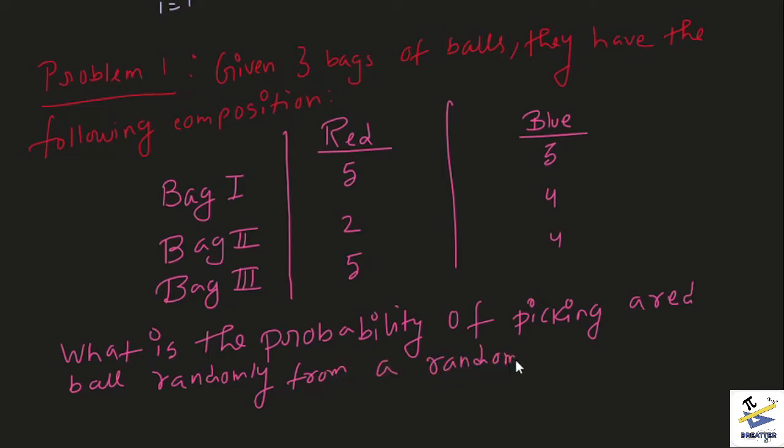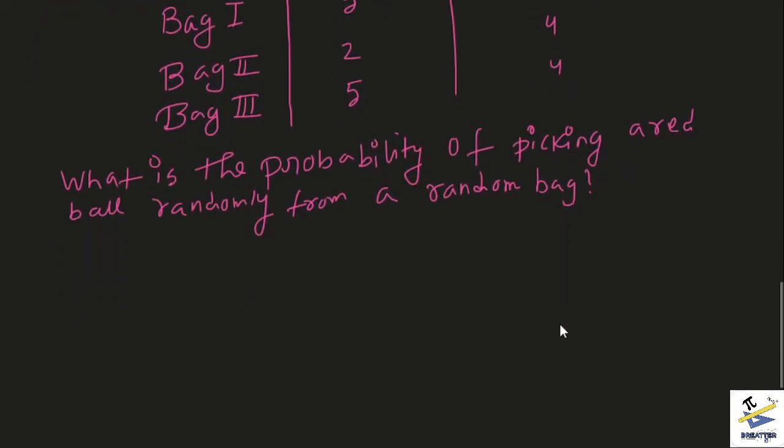So basically here 2 things are random. One, the choice of a ball from a certain bag, and secondly the bag you are choosing from is also random, right? Because you are not trying to choose from bag 1, bag 2 or bag 3, but rather randomizing the bags and putting your hand in any one of them to get a ball, and then we find the probability that the ball you picked is a red one. Okay, so I think the question is clear to everyone. Let us try to solve it.